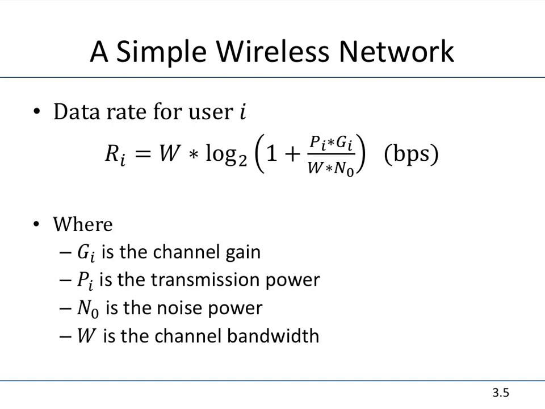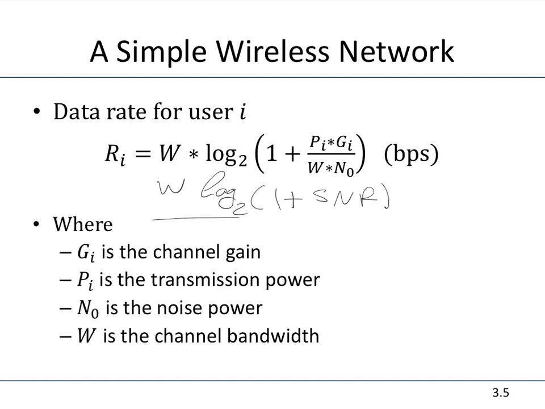Shannon estimates the rate experienced by a certain user, which is basically W, the bandwidth, multiplied by log2 of 1 plus the signal to noise ratio.